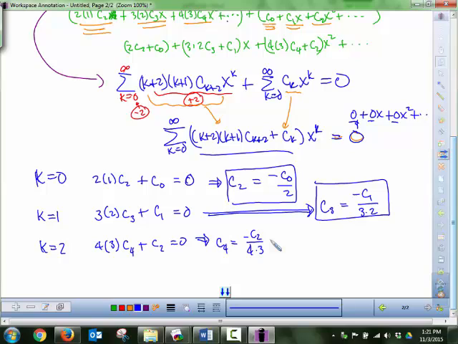What's C sub 2? Oh, C sub 2 is up here. It's negative C sub 0 over 2. So negative, negative C sub 0 over 2 divided by 4 times 3. Let's see, that simplifies to a positive C sub 0, and the 2 goes down in the denominator.